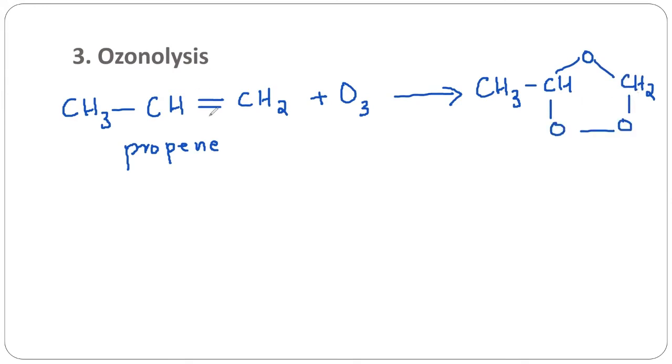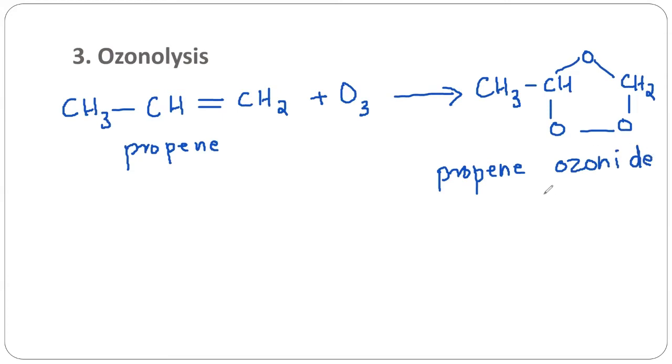So both the carbon-carbon pi bonds are broken and the ozone molecule is literally adding into the middle of the two carbons. This compound is called propene ozonide, or you can simply call it an ozonide.